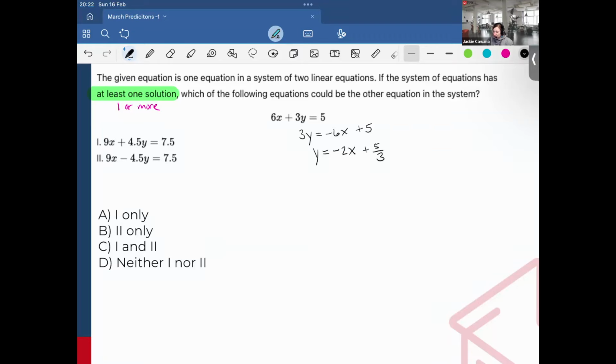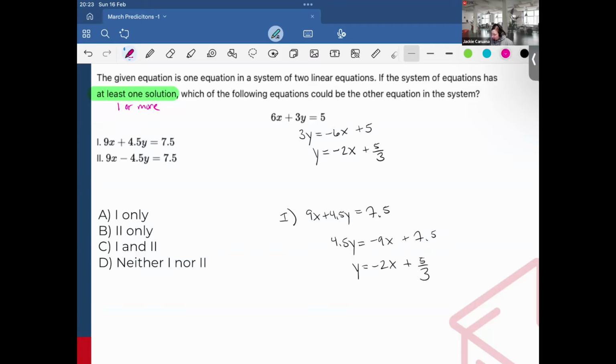So now let's check what option 1 is. So option 1, it's 9x plus 4.5y is equal to 7.5. So 4.5y equals negative 9x plus 7.5. Divide everything by 4.5. So this would be y equals negative 2x plus 5/3.